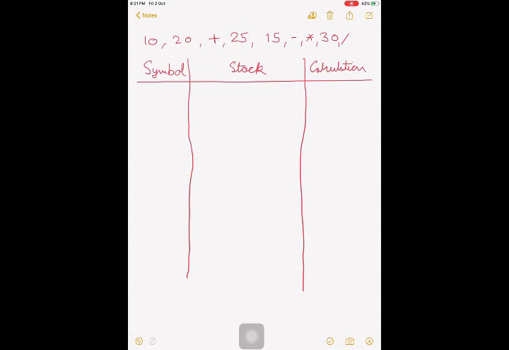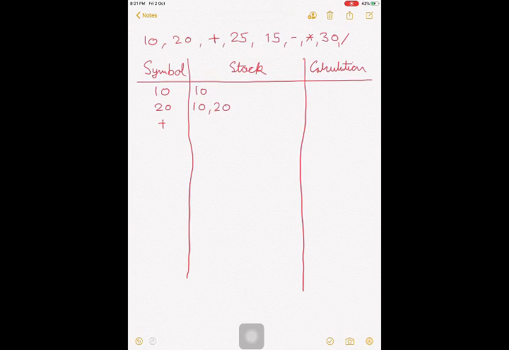Okay, so what is the approach? You must have gone through the algorithm. The algorithm says to scan the symbols from left to right, push the operands onto the stack, and whenever an operator is encountered, pop the required number of arguments, do the intermediate calculation, and push the result back to the stack. So the first symbol is 10, we get 10 onto the stack, then we have 20, so we get 10, 20 onto the stack, then we get plus.